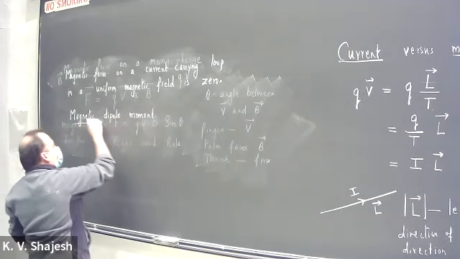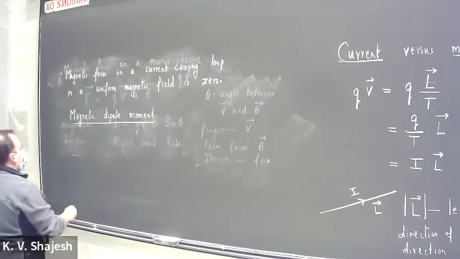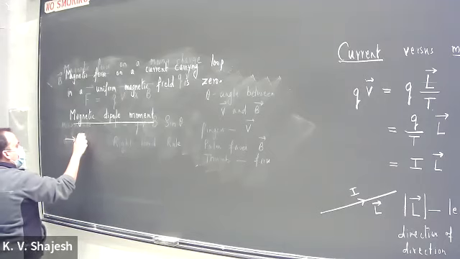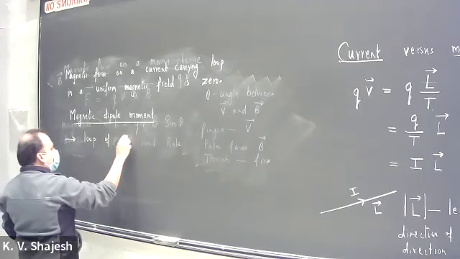We had defined a similar concept called an electric dipole moment, which is basically a positive and a negative charge separated by a certain distance. A magnetic dipole moment is for a loop of wire, a loop of current carrying wire.